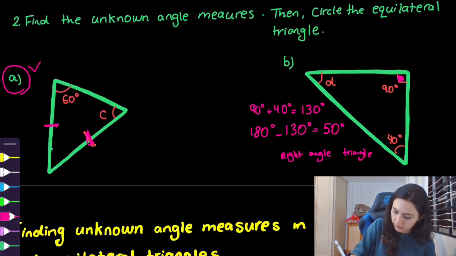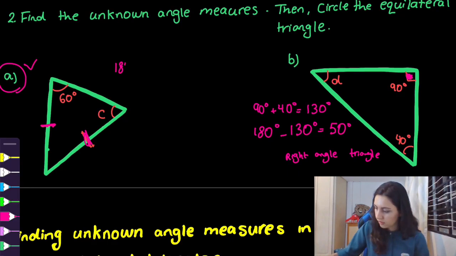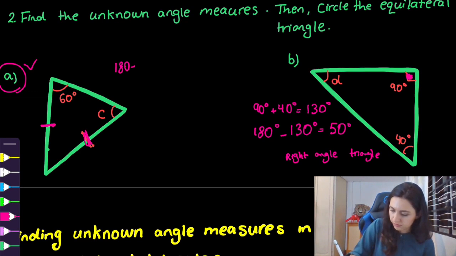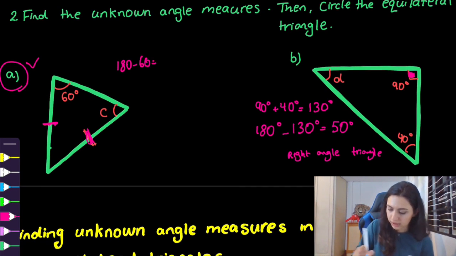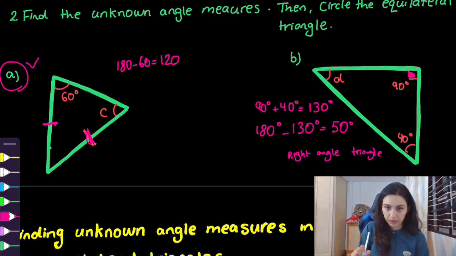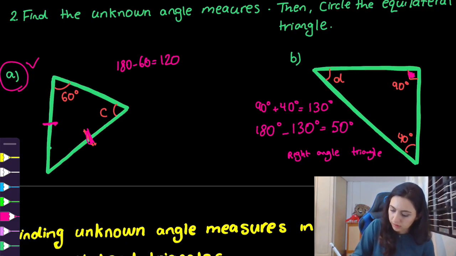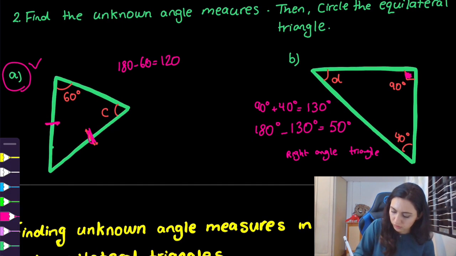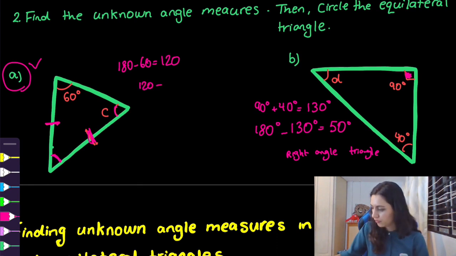So 180, what's 180 minus 60? Equals 120. Okay? And the 120 will be these two, divided by 2, 60.